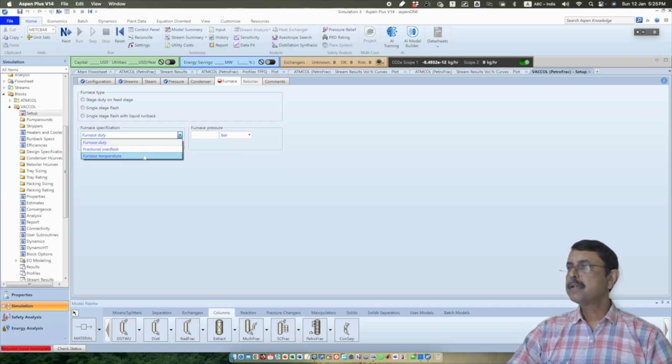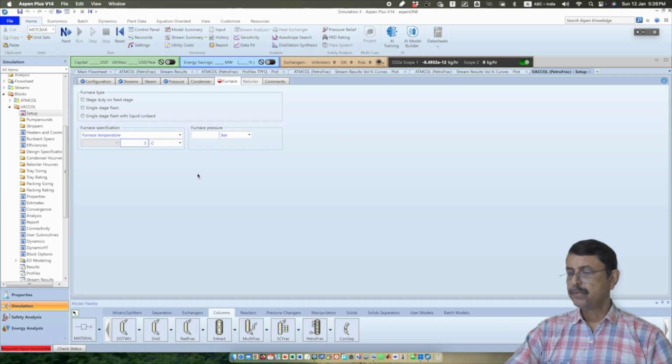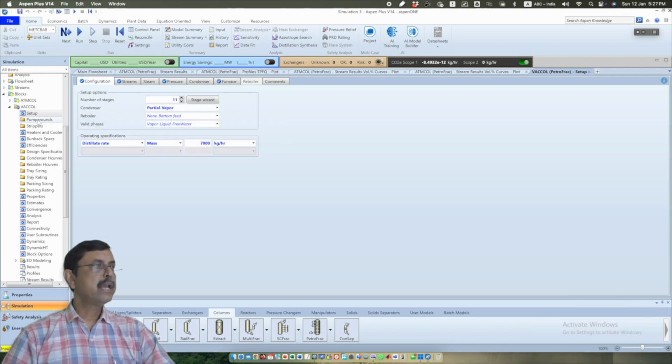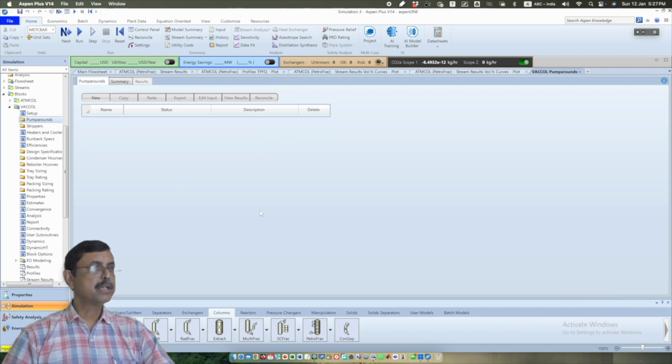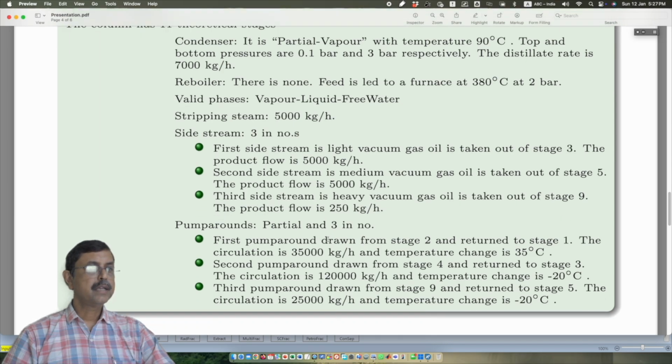Furnace temperature is 380 degrees centigrade and 2 bar. So 380 and 2 bar respectively. We have to provide the pump around information. So pump around information is over here.